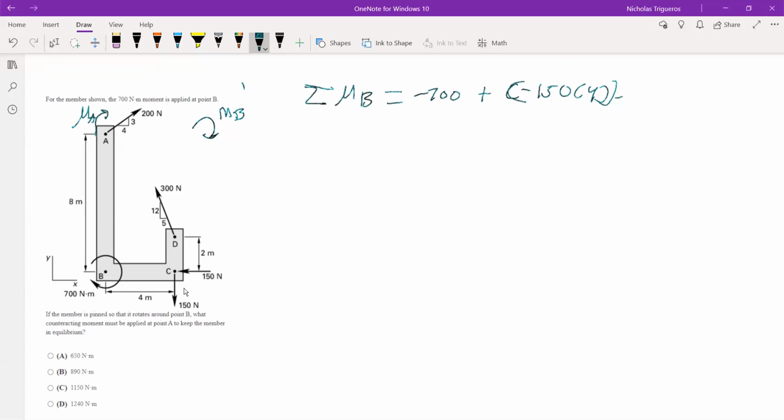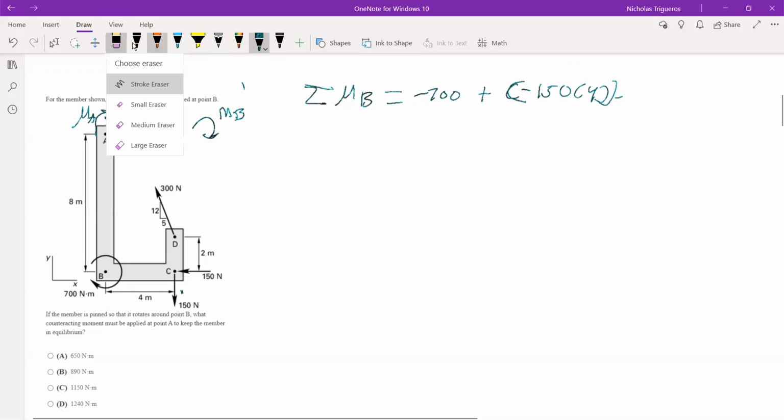There's that one. We have a component of this. I think I need to make sure my signs are correct here. Since this moment is going to be, no, it's negative, so that actually works. That's fine.